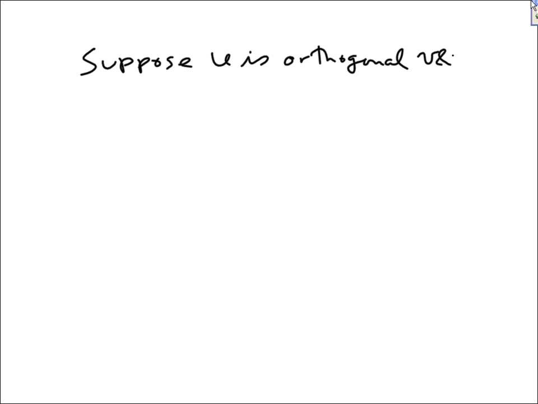So, suppose the following. Suppose u is orthogonal to v and w. To v and w. We want to show that u is orthogonal to any linear combination of v and w.